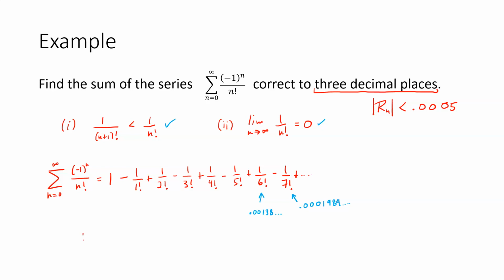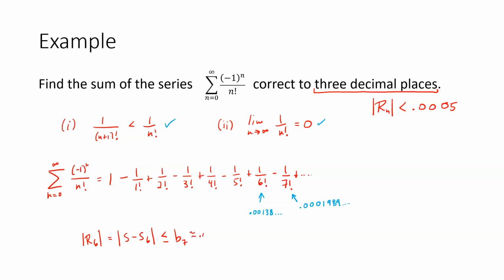So what that shows us is that R6, the sum minus S6, is less than or equal to B7.